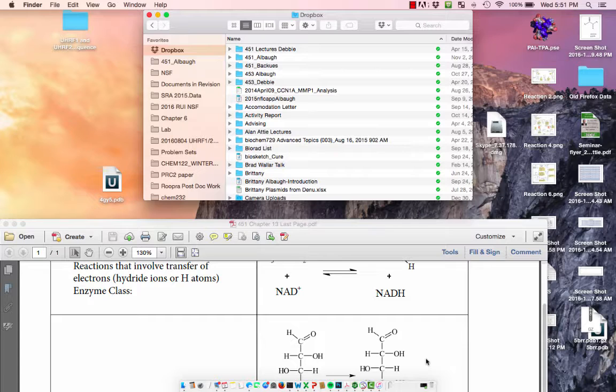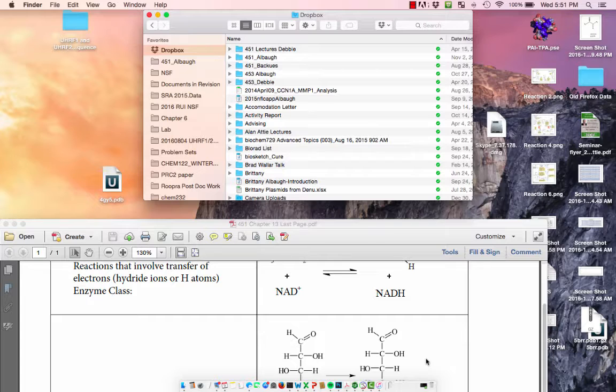So we have fructose 6-phosphate. It's going to react with ATP in a phosphoryl transfer reaction, where one of the phosphates is going to be transferred to the first carbon of fructose 6-phosphate.